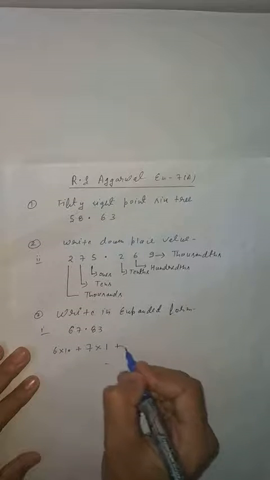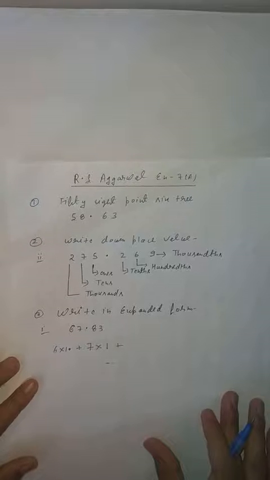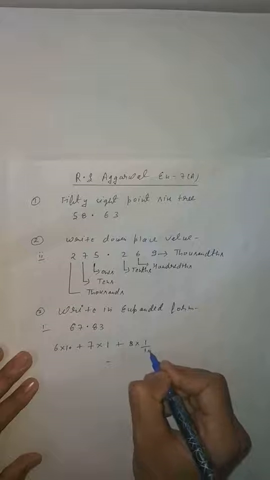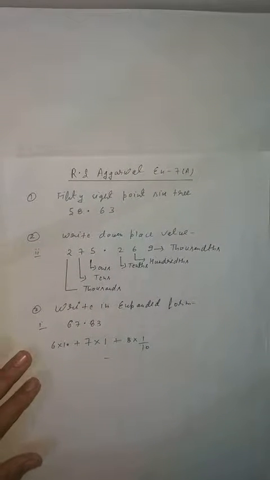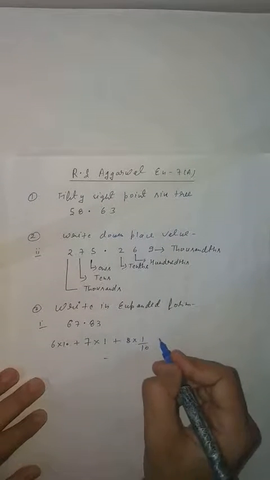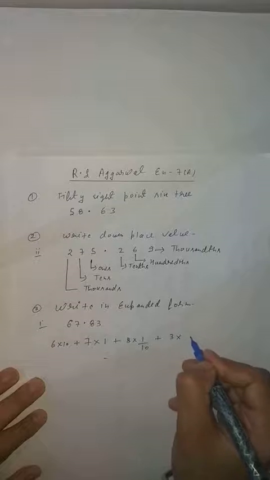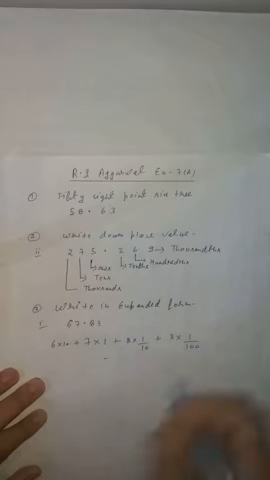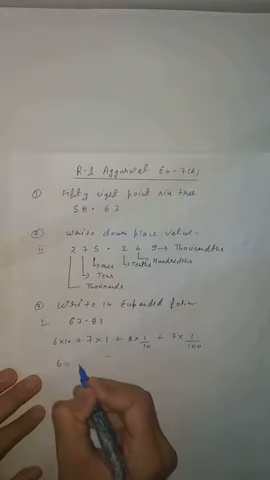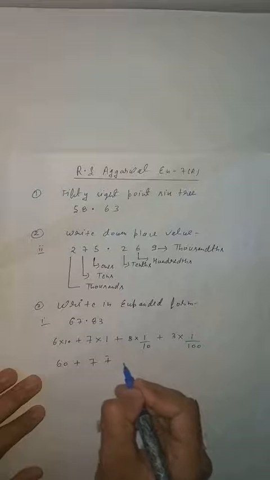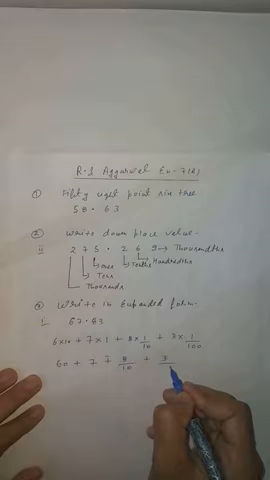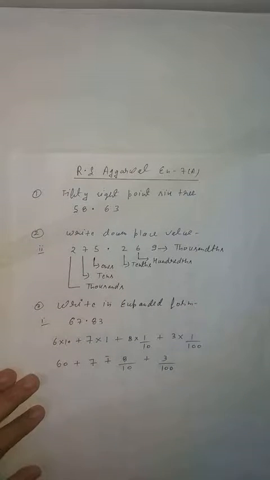Very easy. Plus, now you know that after the decimal the first digit is tenths, so 8 multiplied by 1 upon 10, because I explained in the previous video that tenth means multiply by 1 by 10. Now this is the second place after the decimal, so you write 3 multiplied by 1 upon 100, because the second place after the decimal is known as hundredths. Now it will become 60 plus 7 plus 8 upon 10 plus 3 upon 100. Is that clear, student? So this is your solution.